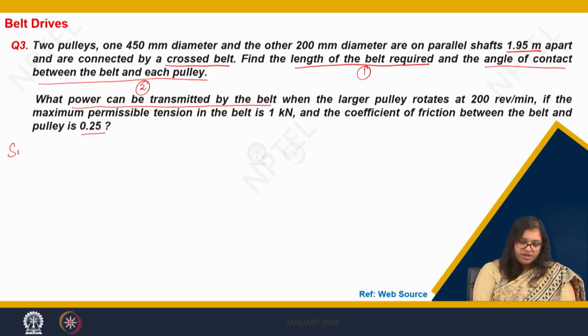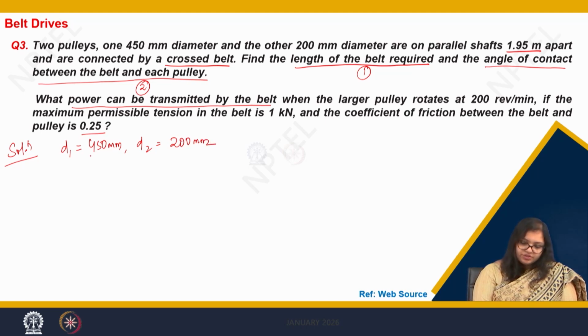0.5. Now, coming to the solution, D1 is 450 mm and D2 is 200 mm. We can write these as 0.45 meters and 0.2 meters.